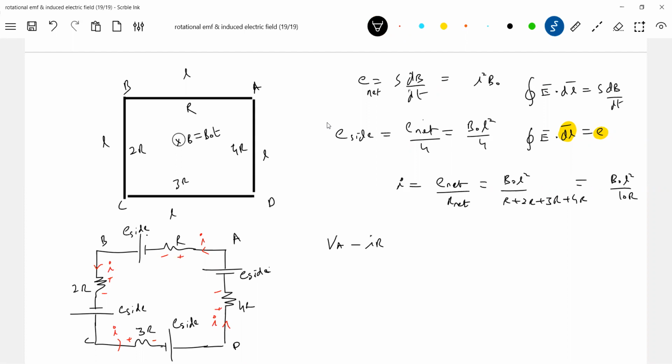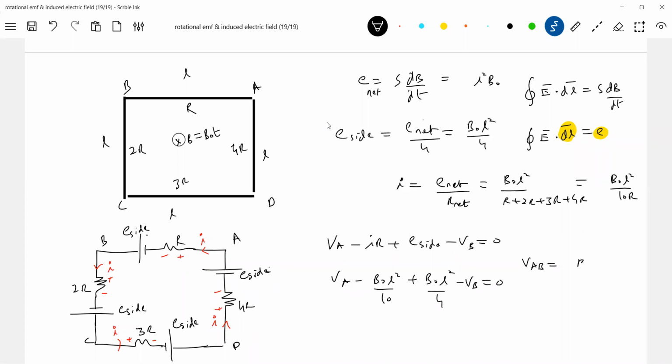VA minus IR plus E side minus VB equal to 0. What is I into R? I into R should be B naught L square by 10. Net EMF induced in each side will be B naught L square by 4. Can anybody give the value of VAB?